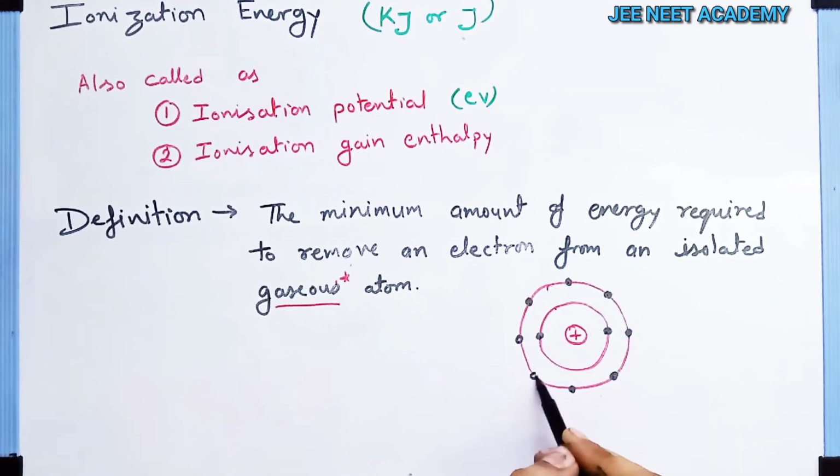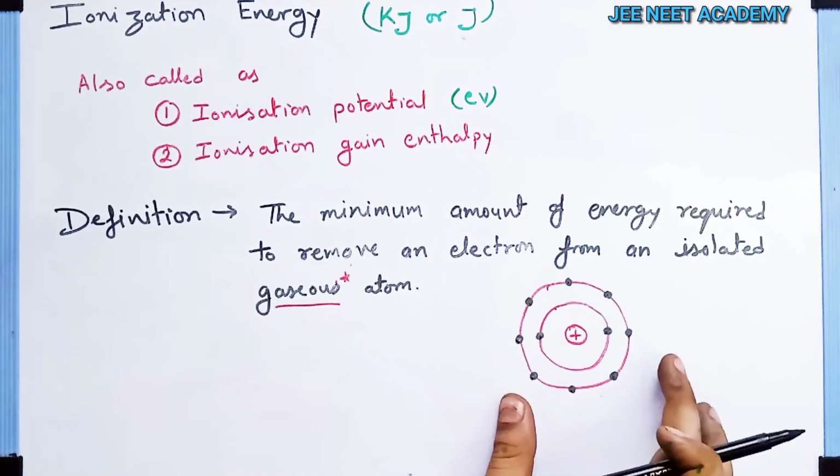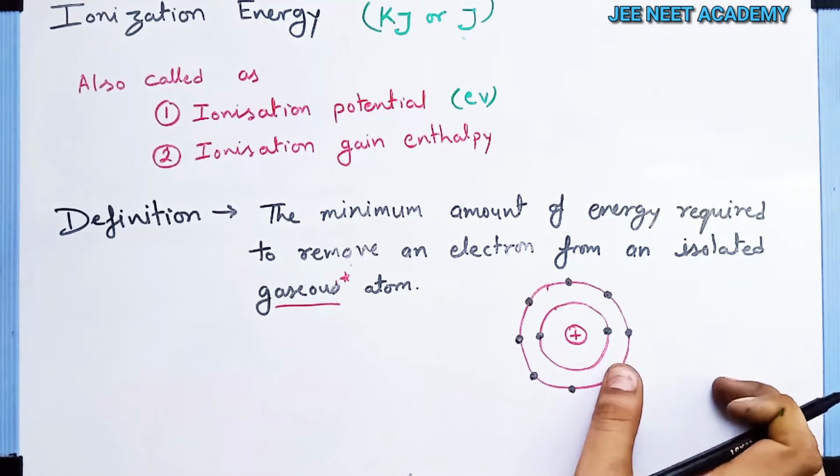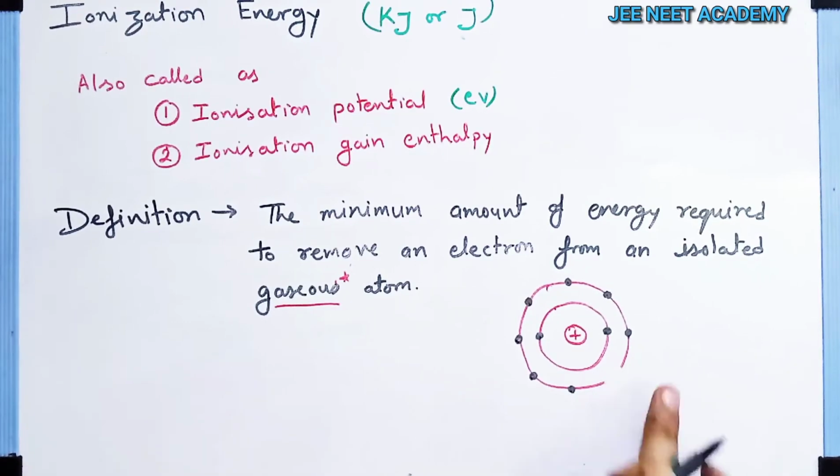If all the electrons are filled in the second orbit, there are a total of 10 electrons, so this is a neon atom. If we remove one electron, it will be a fluorine atom.